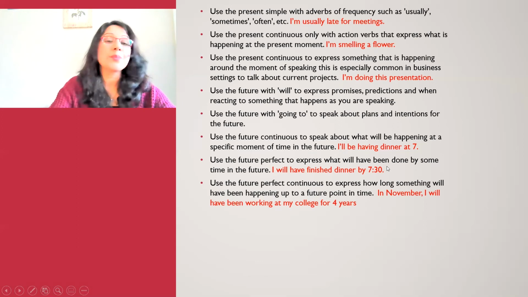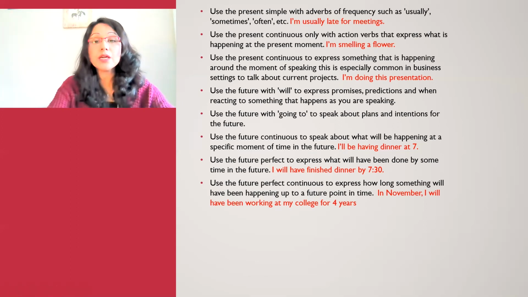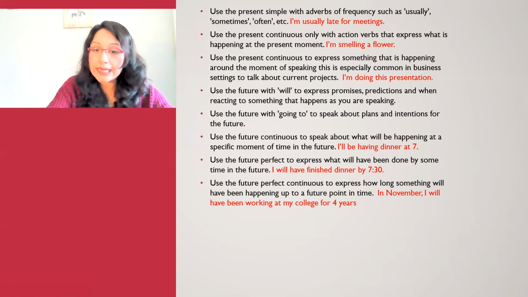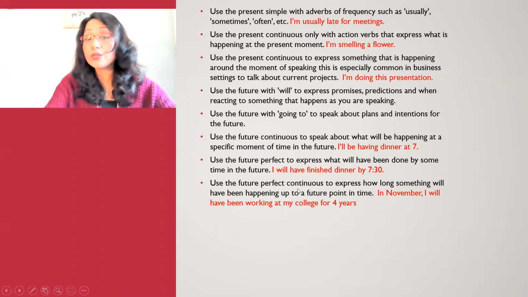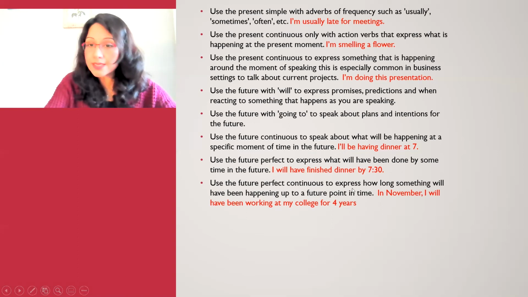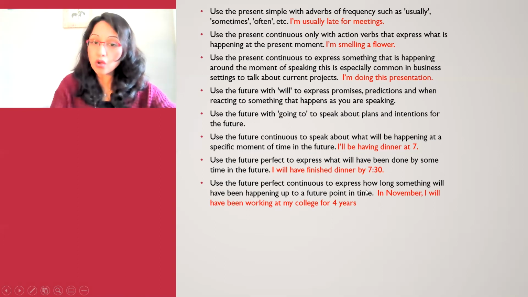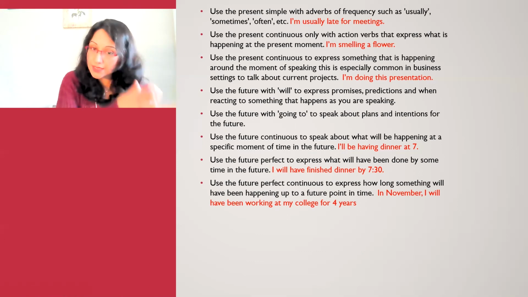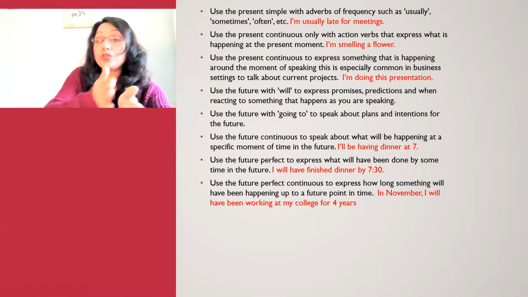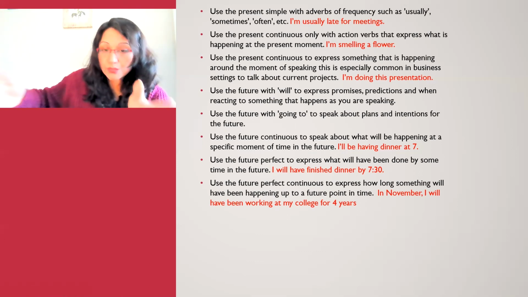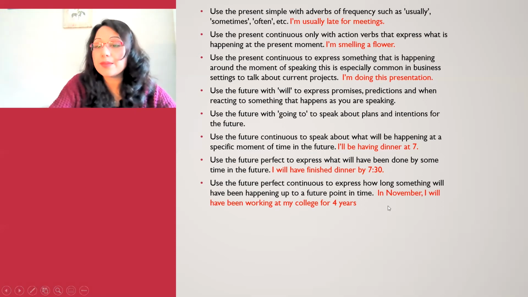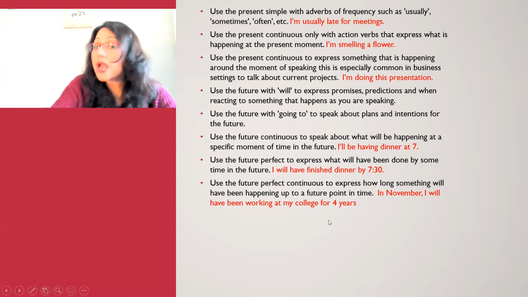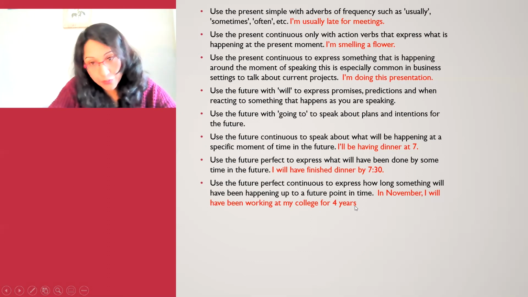That's your future perfect. Then use the future perfect continuous to express how long something will have been happening up to a future point in time. So when you have your future perfect continuous, this expresses how long something will have been happening, so something will have started and it will continue, all right, up to a future point in time. So in November, I will have been working at my college for 4 years.